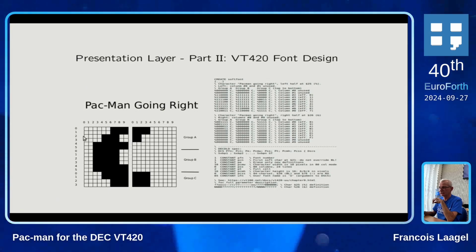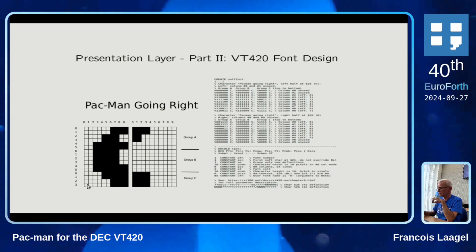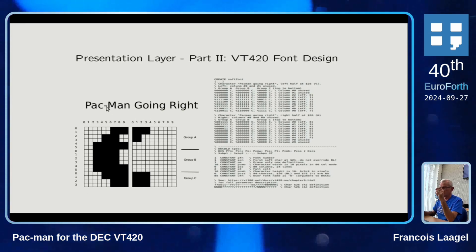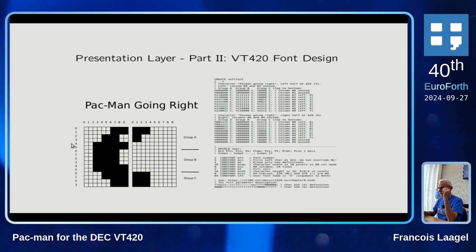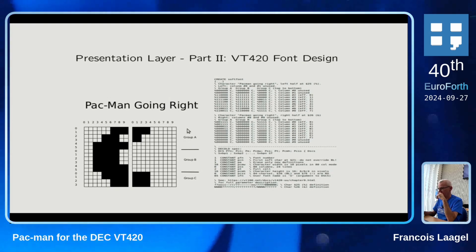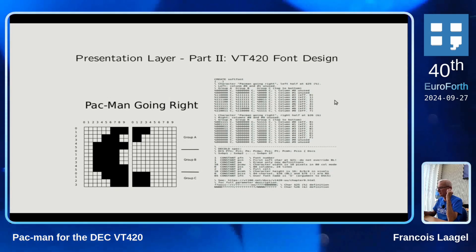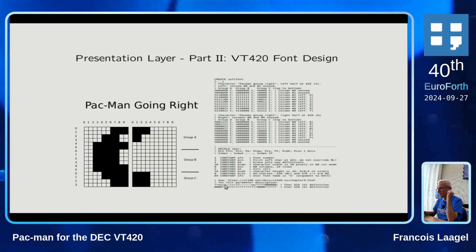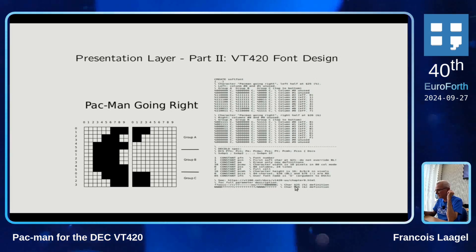Firstly, the first group is transmitted, then the second group, then the third group. Characters are defined in a matrix 10 by 16 here. So that's 3 sixels, 3 groups, and you end up with those funny-looking ASCII sequences here.